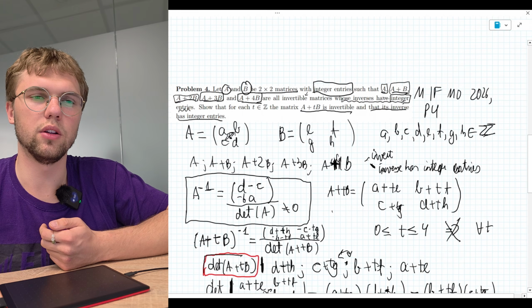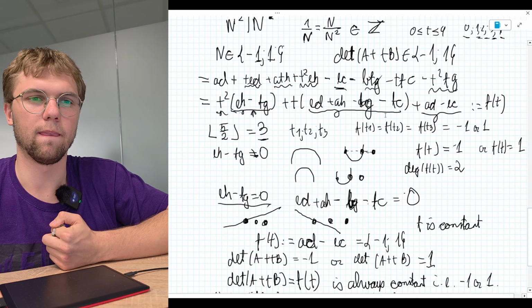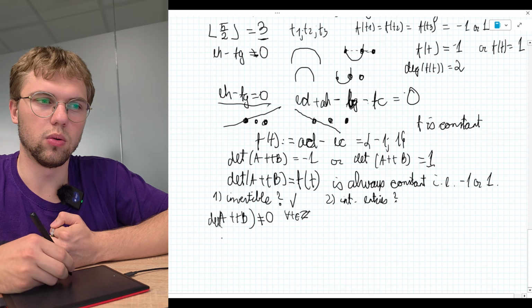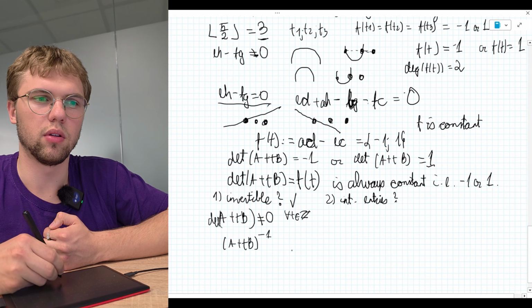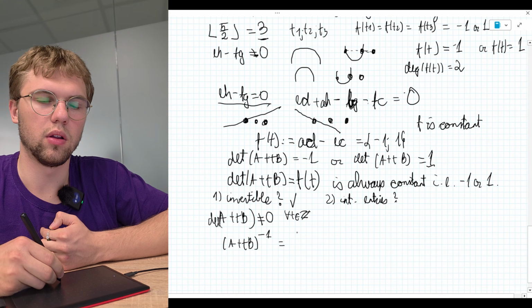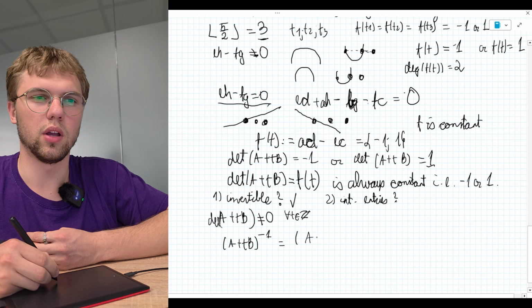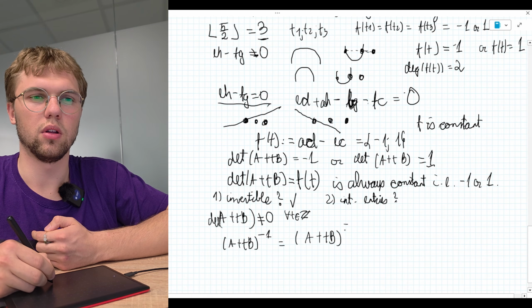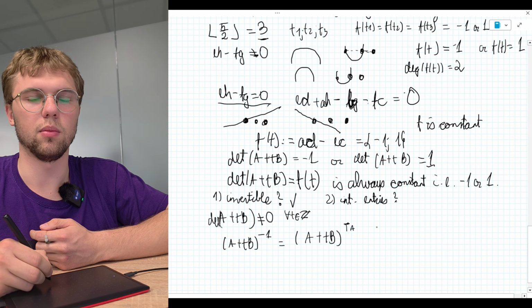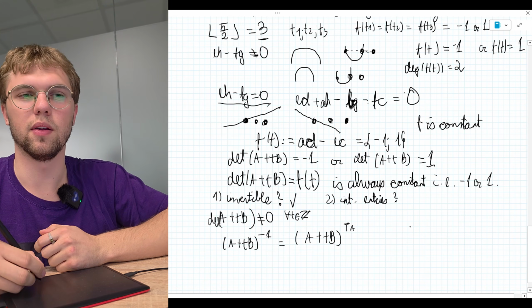And the second thing we needed to show is that its inverse has integer entries. Okay, so how does the inverse of this matrix look? A plus tB inverse would be, okay, I'll use it like this: A plus tB transposed, but with adjoints maybe.